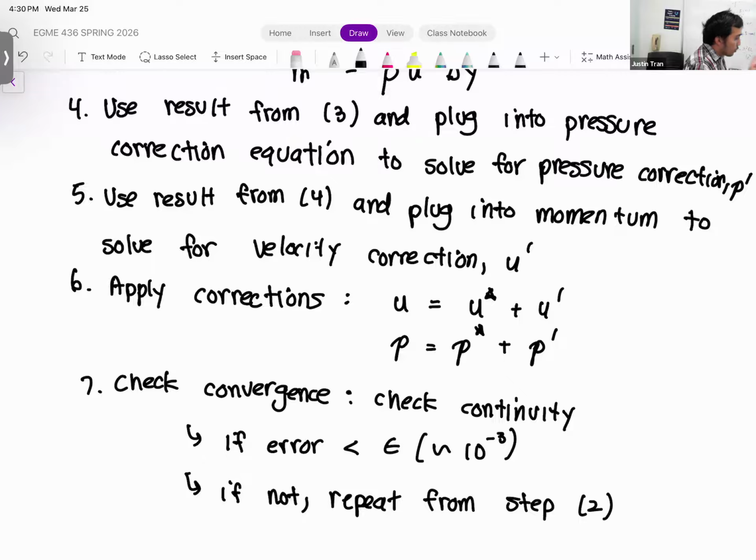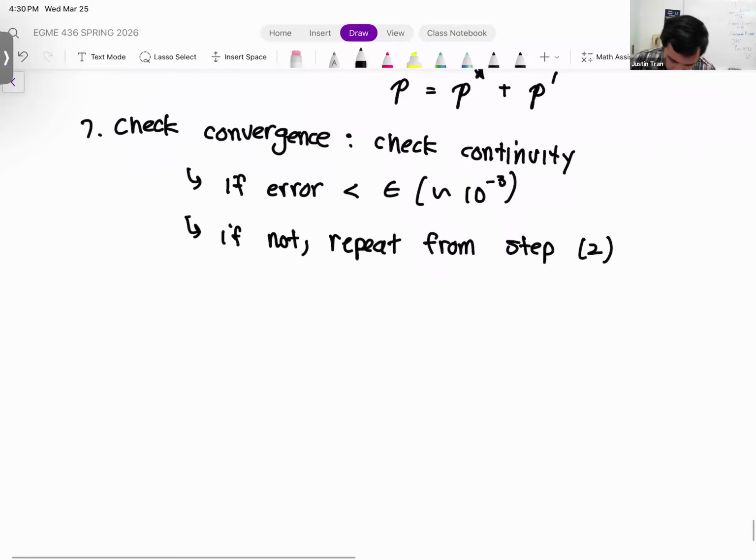Like I mentioned, we're not going to apply the simple algorithm to Navier-Stokes, or I'm not going to make you do it. That's kind of crazy. But there is a way to apply a simplified version of this to very simple pipe flow problems. So let's look at that. Let's look at flow in the following pipe network.